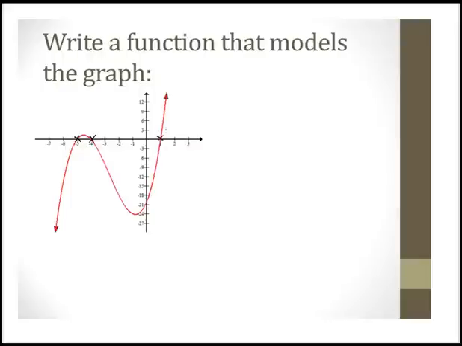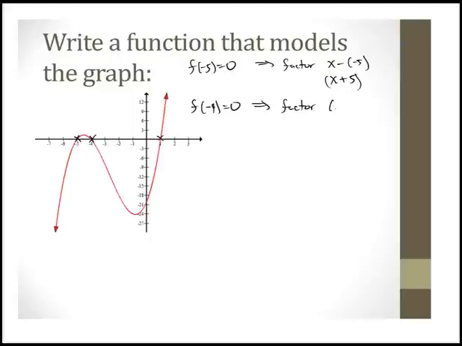So f of -5 equals 0, which implies I have a factor of x minus -5, or x plus 5. Similarly, f of -4 equals 0, which implies I have a factor of x plus 4. And f of 1 equals 0, which implies I have a factor of x minus 1.